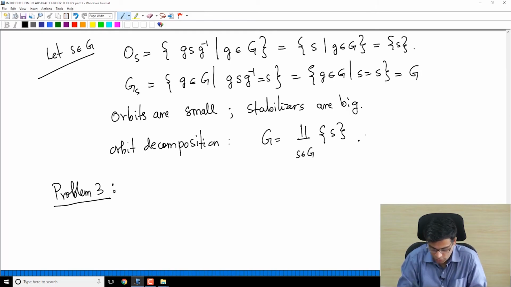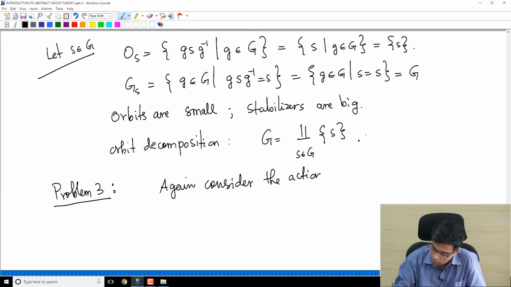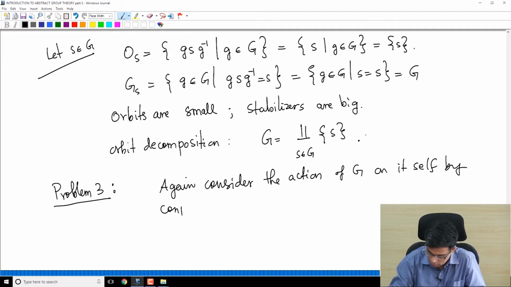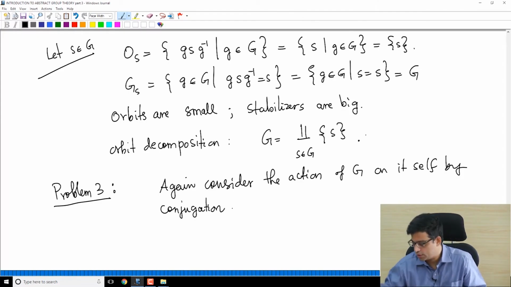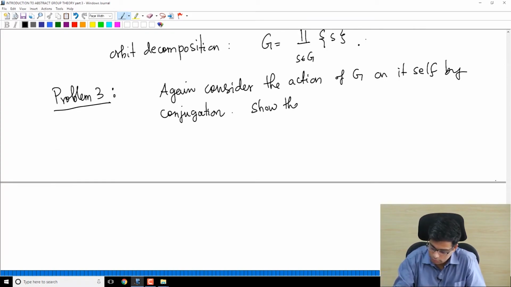Let's do problem 3. Show that, so now again consider the action of G on itself by conjugation. I am not going to assume now that G is abelian, G is an arbitrary group. Show two things.